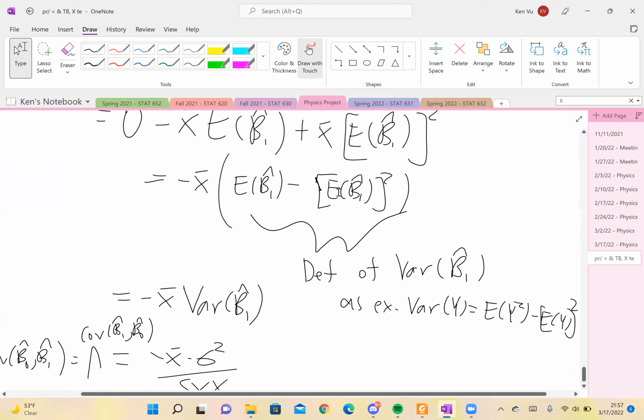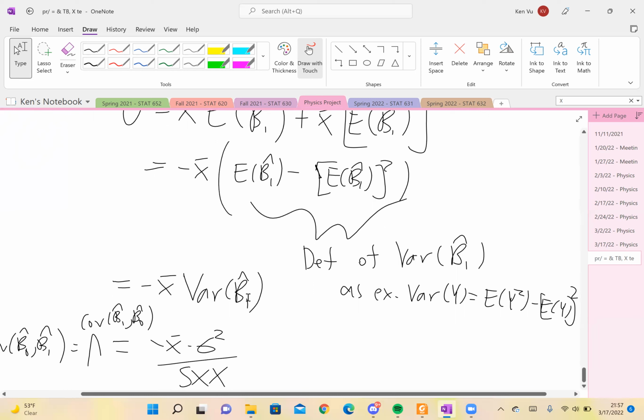Now, if you remember from probability theory, this is the definition of variance. The variance of a random variable, let's say X, is equal to the expectation of X squared minus the square of the expectation of X. So using that definition, you can rewrite this as the variance of beta 1 hat.